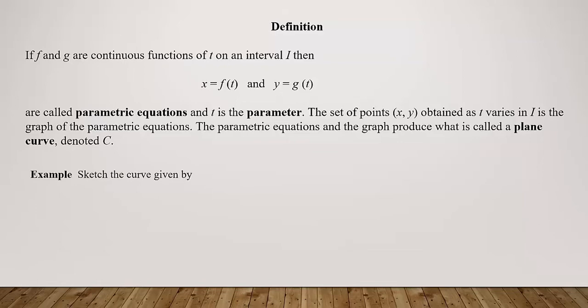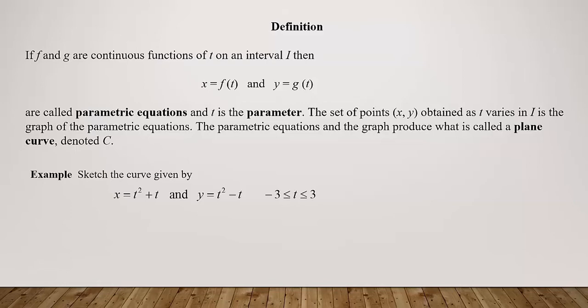So let's do an example here. Sketch the curve given by x equals t squared plus t and y equals t squared minus t on the interval where t goes from -3 to 3 inclusively. So you know what? I'm not going to head off to the board to do anything here.